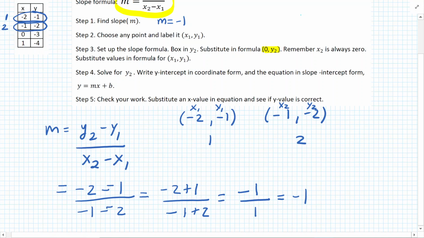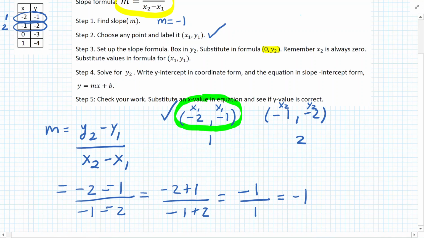We already have a point labeled correctly, so we're going to use that one. With that said, choose any point and label it x1, y1. We've done that already. Check. Let me highlight it for you so you see what we've already labeled. Point 1 has an x1 and a y1 value.